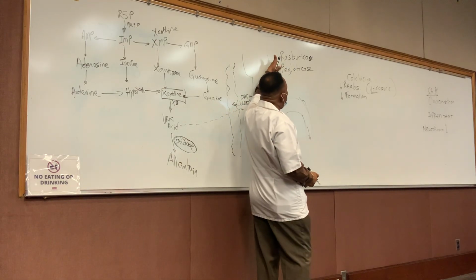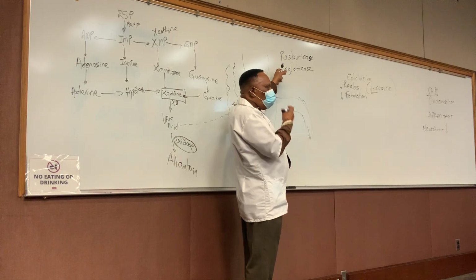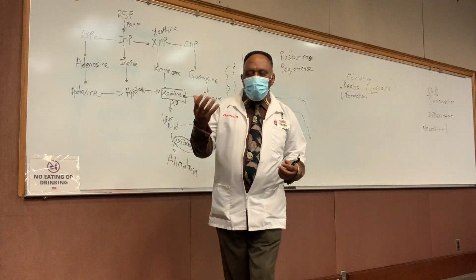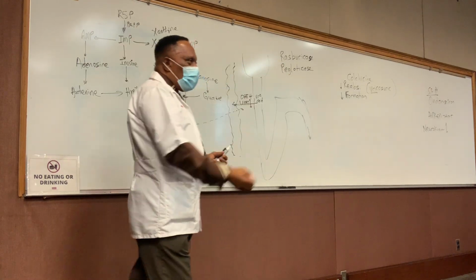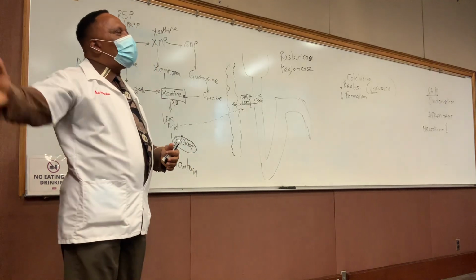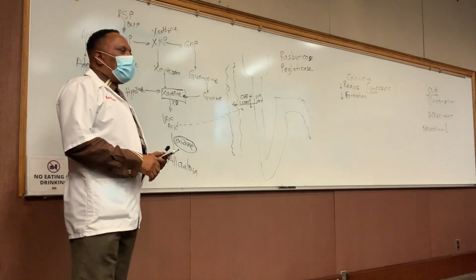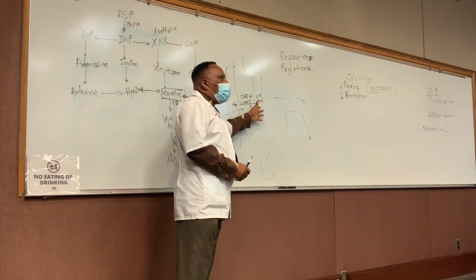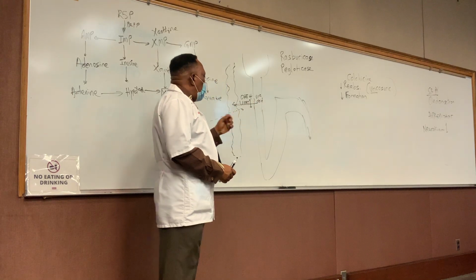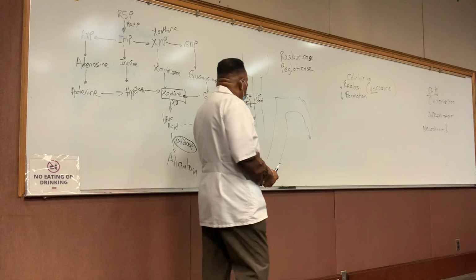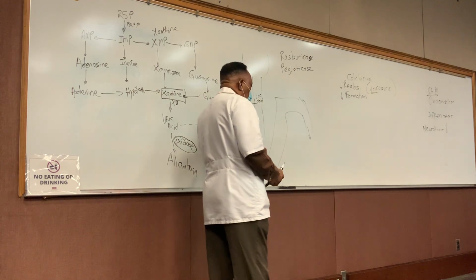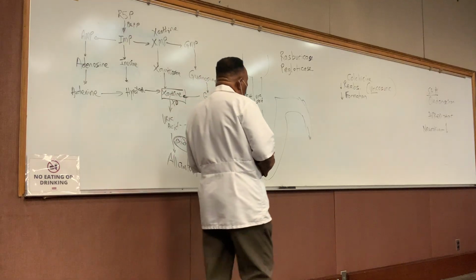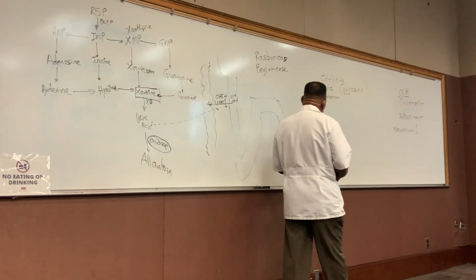If you give rasburicase or pegloticase, it converts uric acid to allantoin, and allantoin is very easily excreted in the urine. So you will not have a pile-up of uric acid that will be reabsorbed into the system. So that's one way you can manage that.